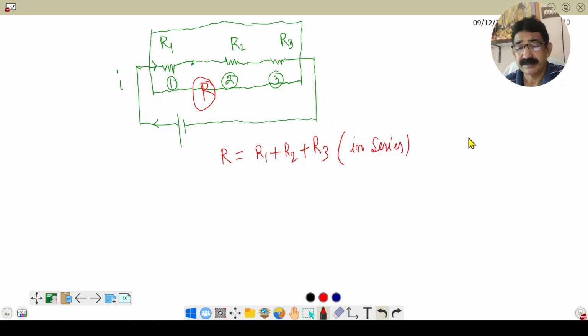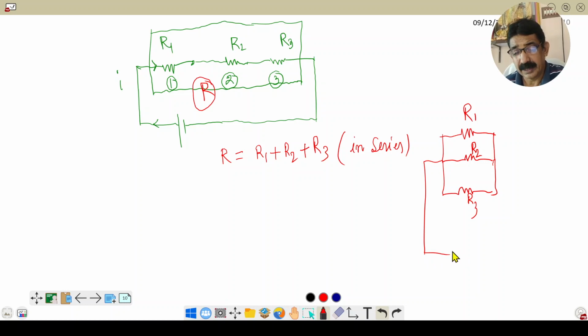And if the connection is made like this, suppose there is one resistance, another resistance, and another resistance, these three resistances R1, R2 and R3 are connected in another mode, and a battery or cell is connected with the circuit. Then this type of connection will be called parallel connection.